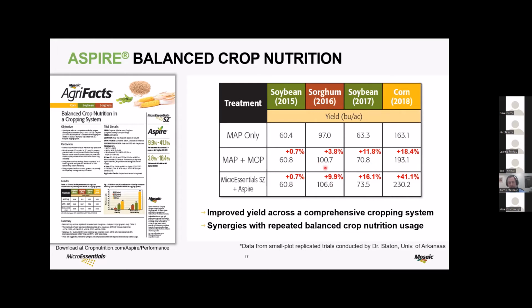The other neat factor is because of the elemental sulfur portion of microessentials and the calcium borate side of the boron from Aspire, we actually did see soil tests start to build, which is pretty neat. But once again, it's looking at that continual application and obviously filling the staves in the barrel to maximize yield.